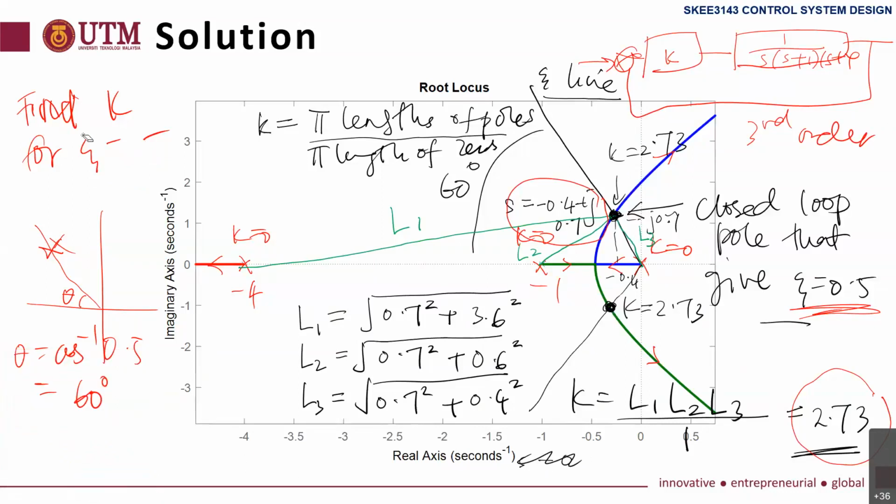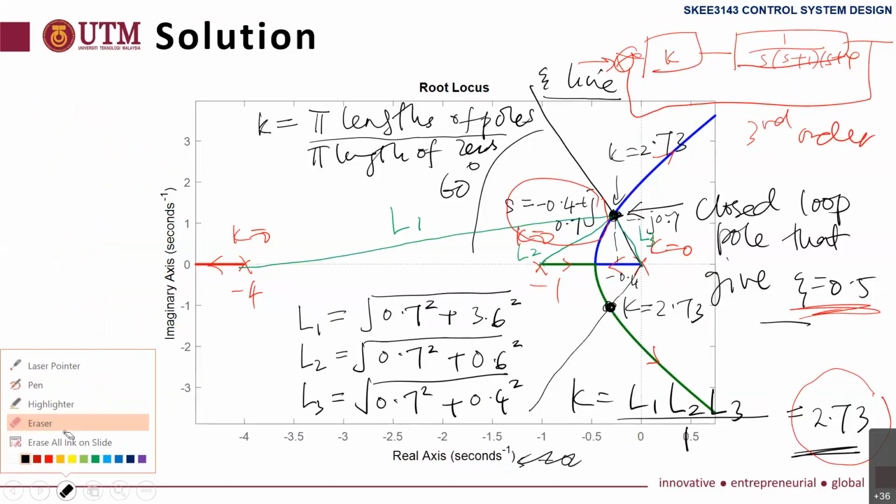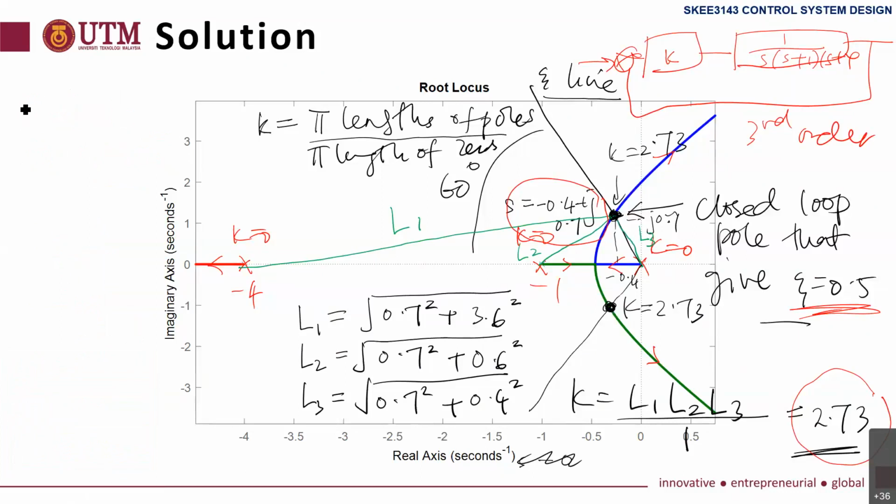I will erase this. The closed loop poles will be S equal to minus 0.4 plus minus J 0.7. The one that we obtained at the top here is plus 0.7.